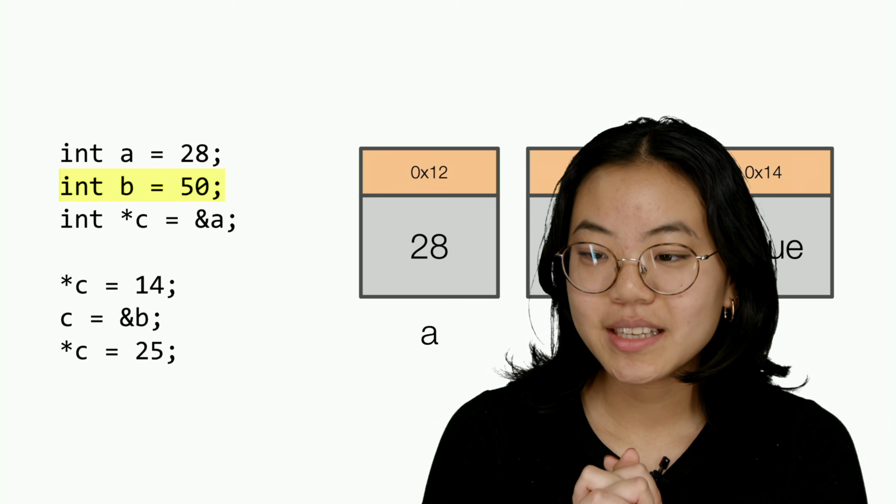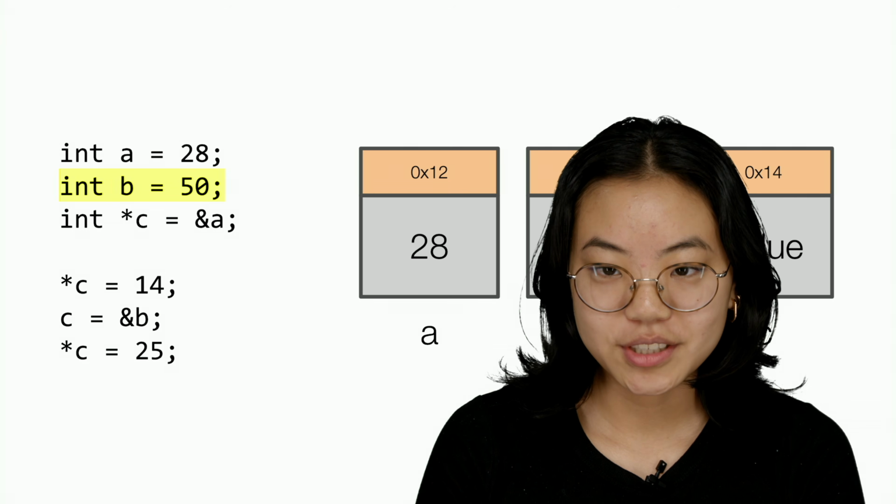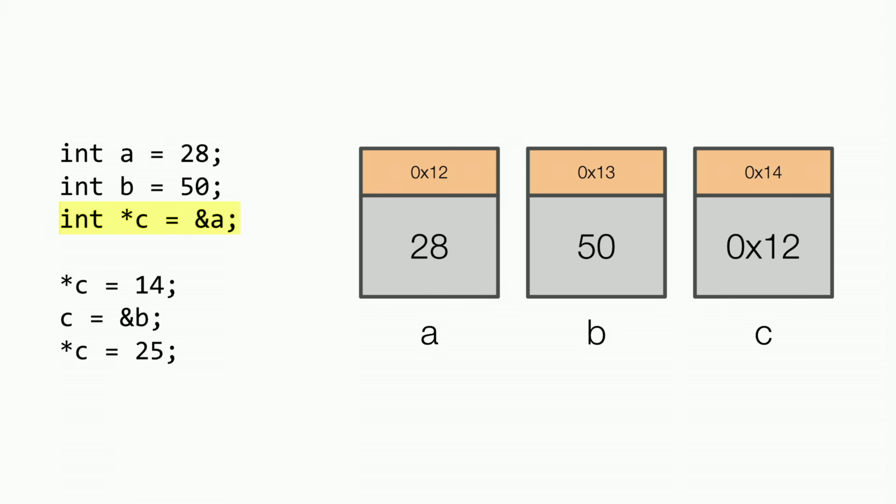Yeah, so it's going to be an int pointer, an integer pointer, and it's going to store the address of A. So as you can see here, now the address of A, which I just arbitrarily set as 0x12, is now being stored in C.